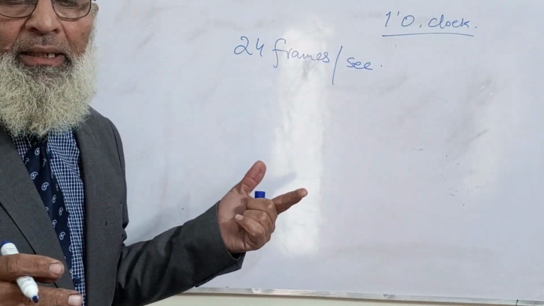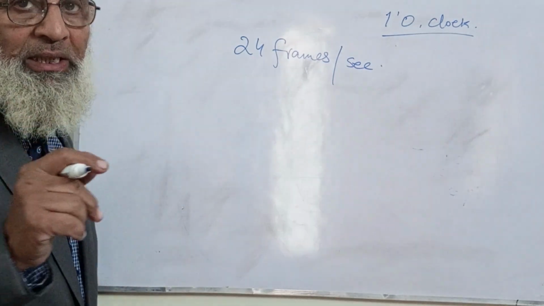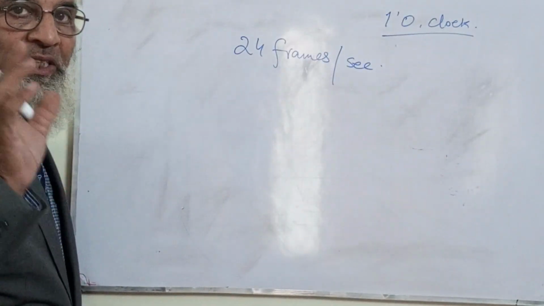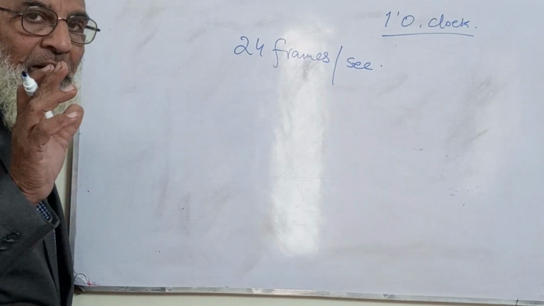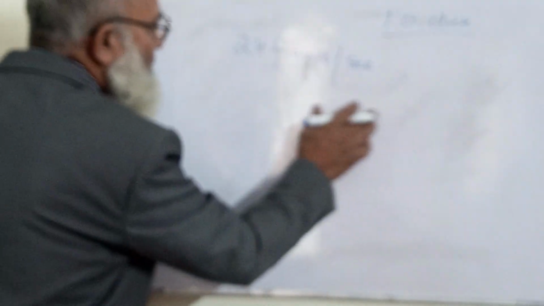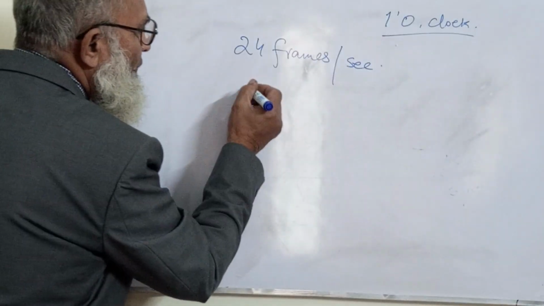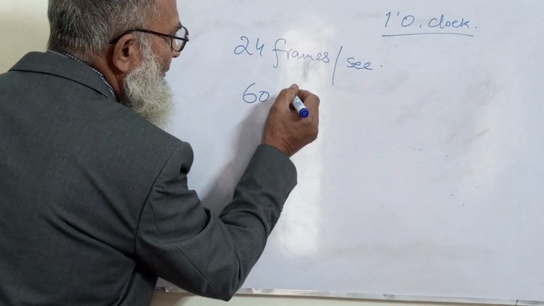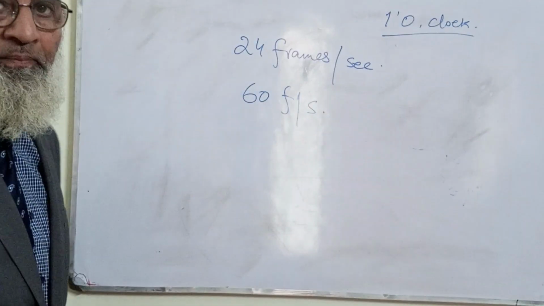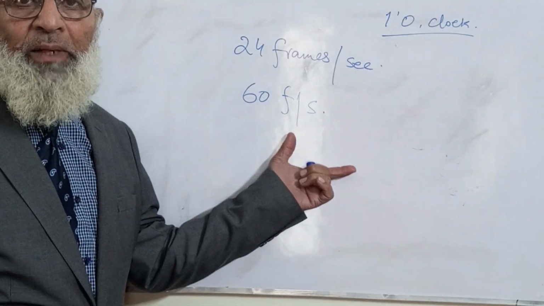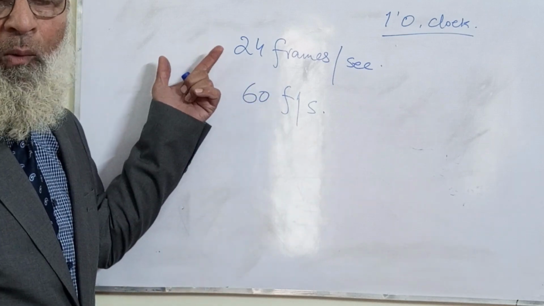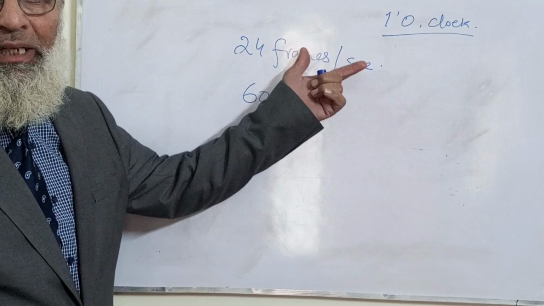But what is actually done is a camera with a special advanced feature is equipped. For example, it is recording at 60 frames per second. What is the actual speed? 24 frames per second.